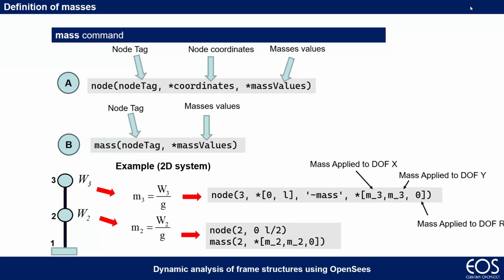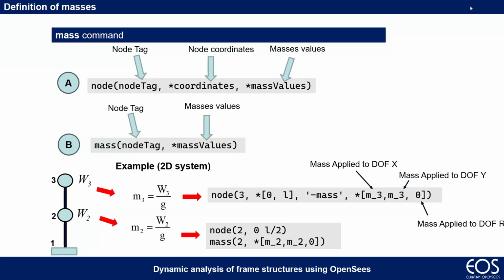In this case, it's just a 2D element, so just X and Y, and then quote unquote mass, the value of the mass, okay? Be careful that the coordinates are related to the dimension of the system, okay? In this case, it's a 2D, so you have 2 coordinates, okay? The masses are related to degrees of freedom, since in this case it's a 2D, so we have 3 degrees of freedom.